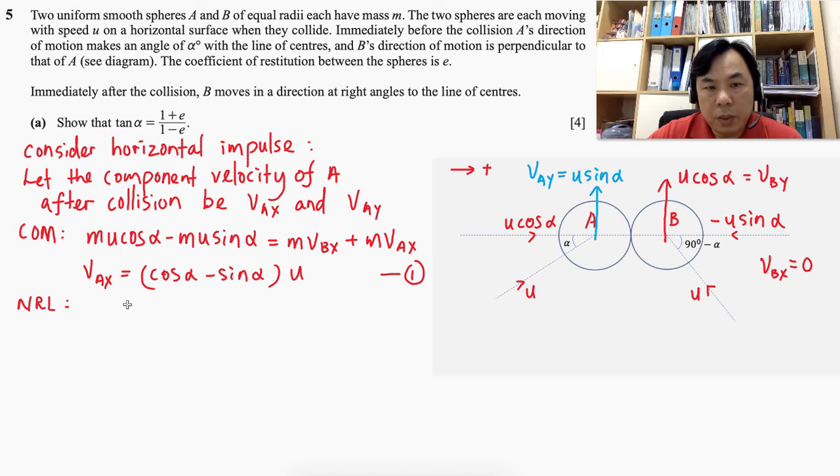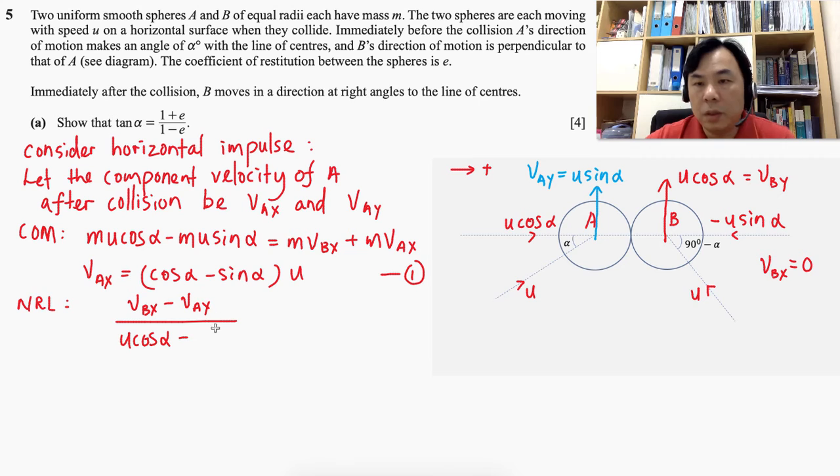So we can try v_Bx minus v_Ax must be the same as the initial, u cos alpha, subtracted with u sin alpha because the direction is negative, must be the same as e. And then we know that v_Bx is equal to 0.